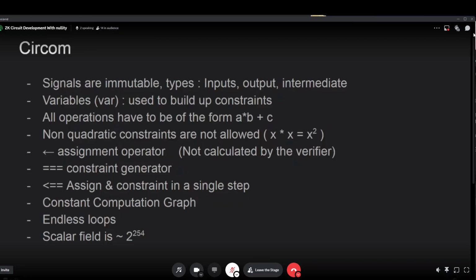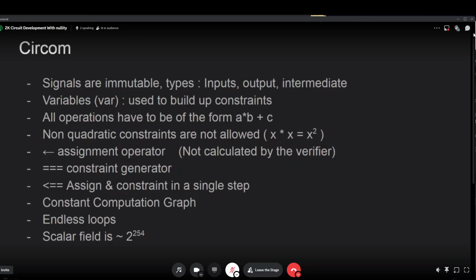There is a concept of variables, but you can use it to build constraints and not do calculations. And all operations have to be of the form multiplication or addition, and the multiplication has to be quadratic and not non-quadratic.